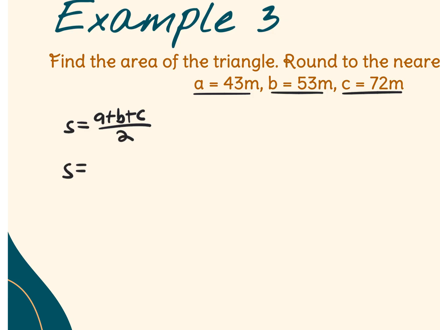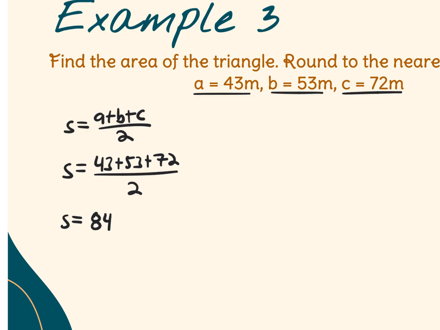So let's plug this into our calculator. We should get 43 plus 53 plus 72, and then divided by 2. And then when you plug that in your calculator, you should get 84.